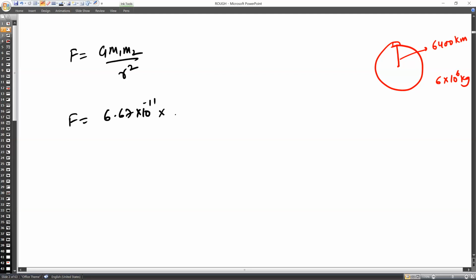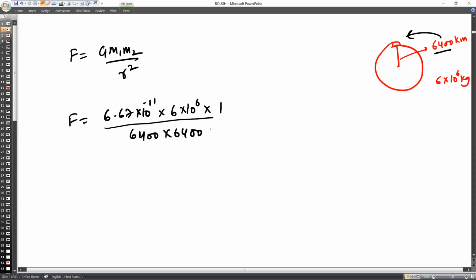Into what is the mass of Earth? The mass of Earth is 6 into 10 to the power 6. The other object's mass is 1 kg, placed on the surface, and the radius is 6400 kilometers. So we can write 6400 into 6400. But we have to convert, because kilometer is not the unit of distance here, so we convert it into meters.